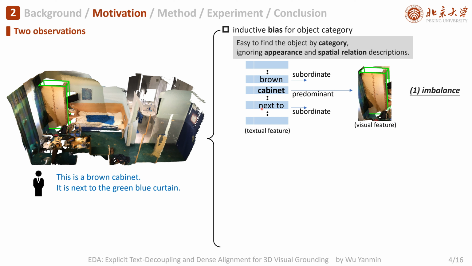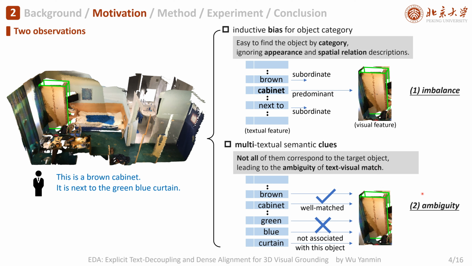Another example is the word trash can in the previous instance, which can significantly filter out most of the candidates. We refer to this as the inductive bias brought by object categories, where the dominance of object category names in the feature learning process weakens the learning of other attributes, resulting in imbalanced learning.